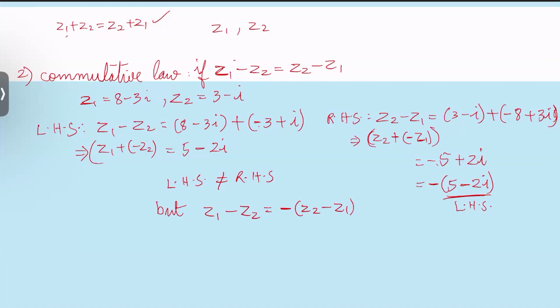So the LHS is equal to the negative of the RHS.